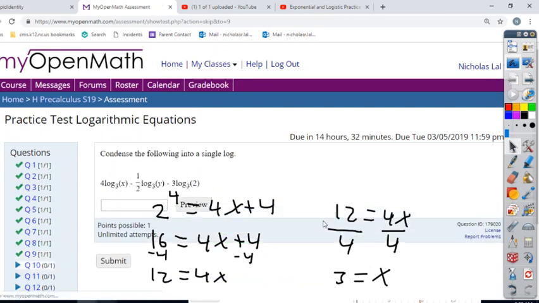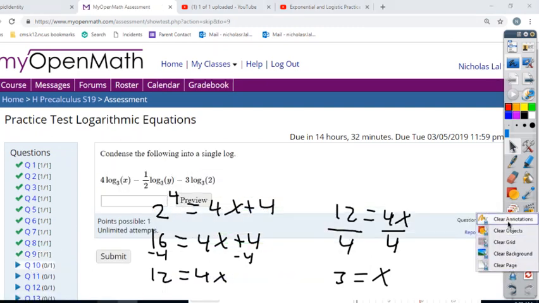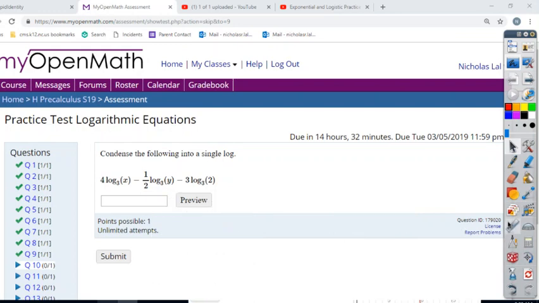All right, that's right. Question 10. We need to condense the logarithm. Let's use the power rule first.